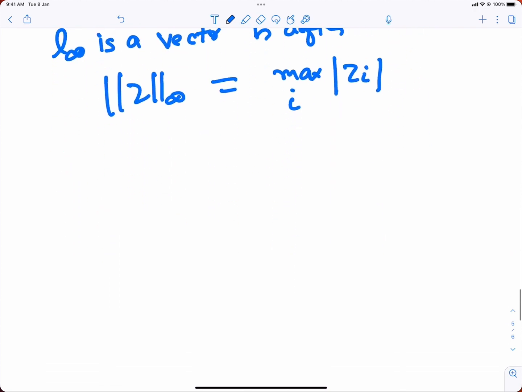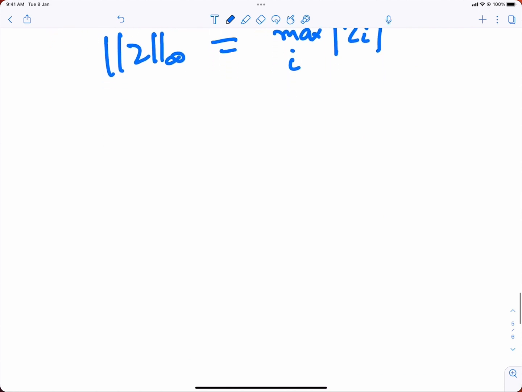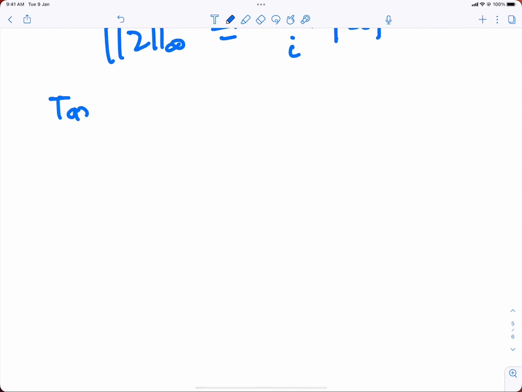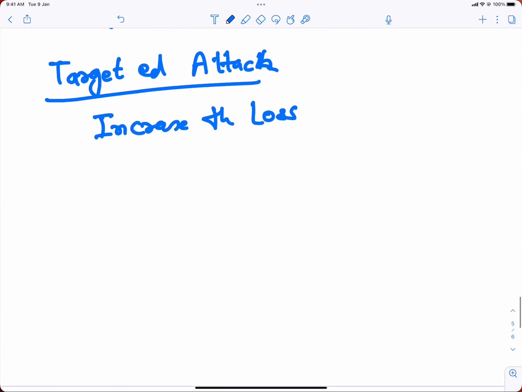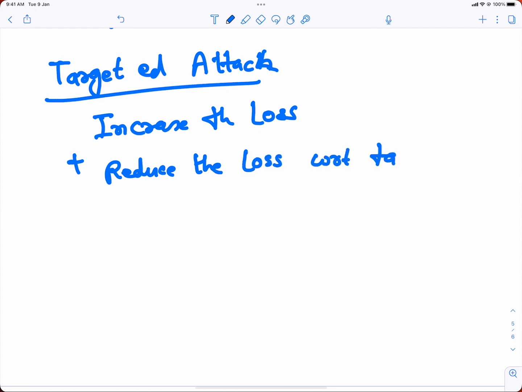This same concept can be used for the targeted attack. Targeted attack means that at one point of time we want to increase the loss with respect to the true class, and at the same time reduce the loss with respect to the target class.